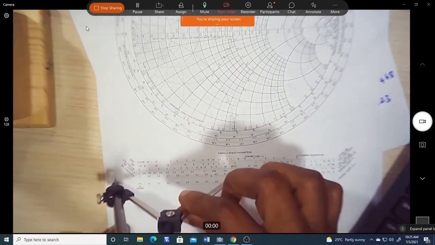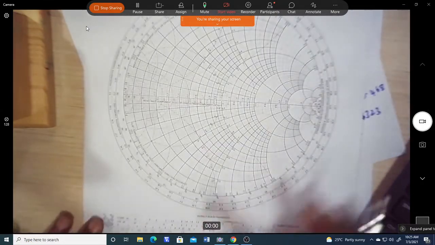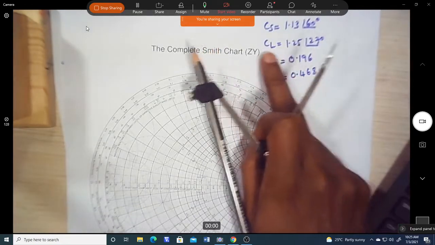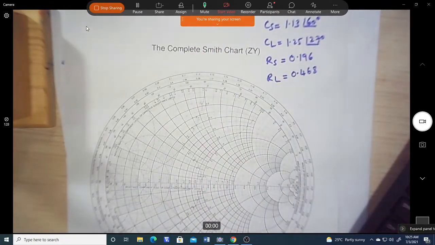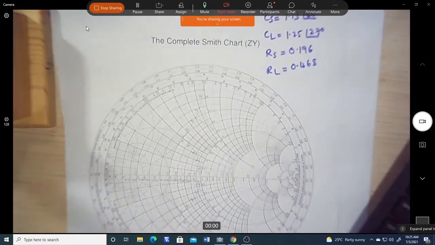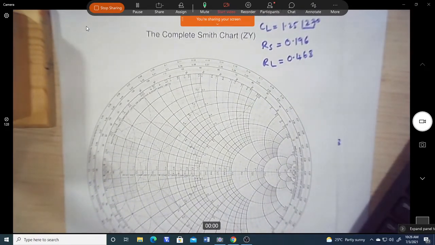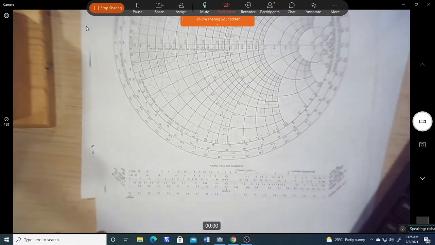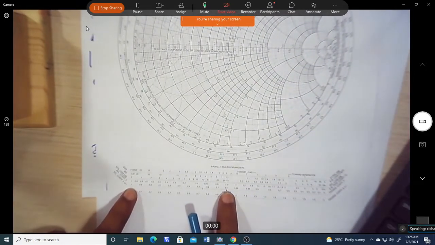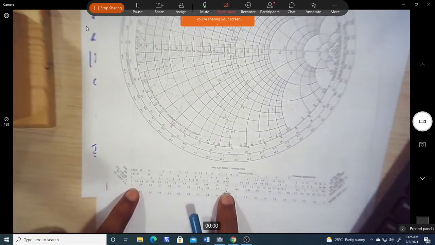So that is the radius I am getting. Okay, sorry, the CL, whatever CL I am taking. Sir, again, can you show that one? Yeah, so here the scale is only from 0 to 1, is it not? The reflection coefficient scale.